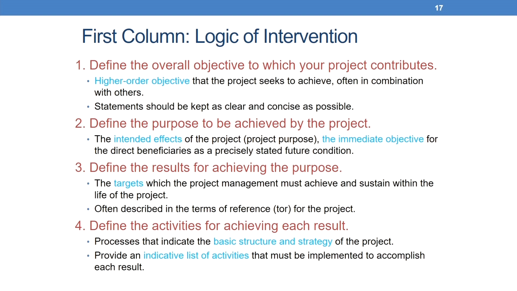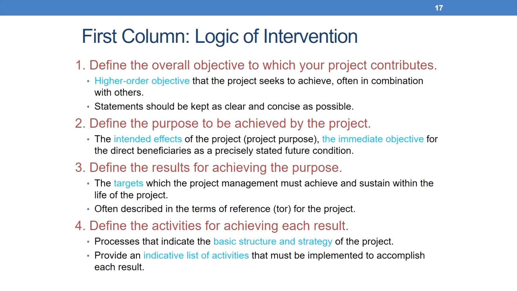Secondly, we define the purpose to be achieved by the project, the intended effects of the project purpose, the immediate objective for the direct beneficiaries as a precisely stated future condition. Often in project management, we also refer to this as primary objective, secondary objective. When doing public economics, public policy, we also refer to the intended consequences and the unintended consequences. So, we are basically looking at the project purpose.